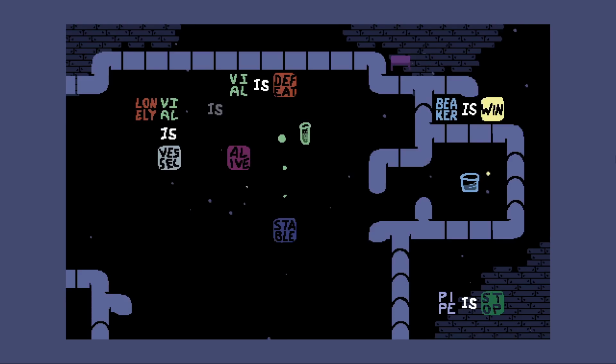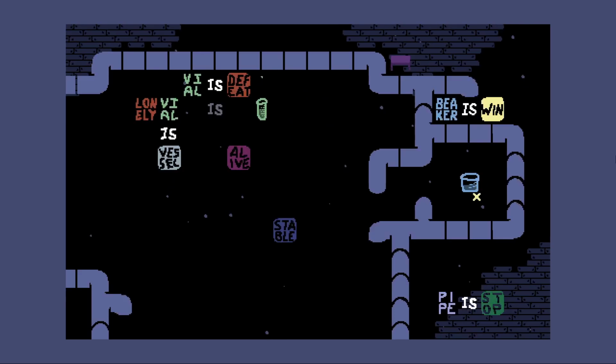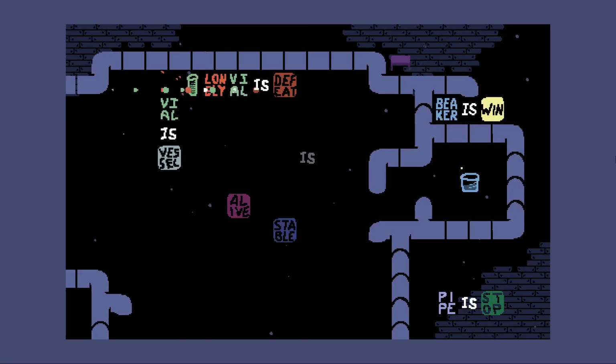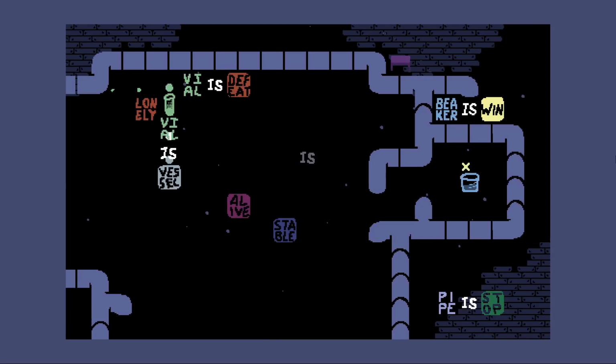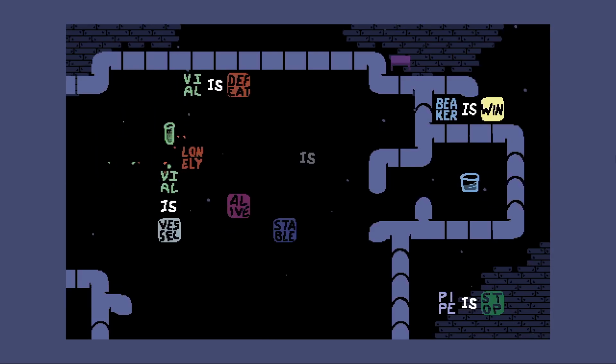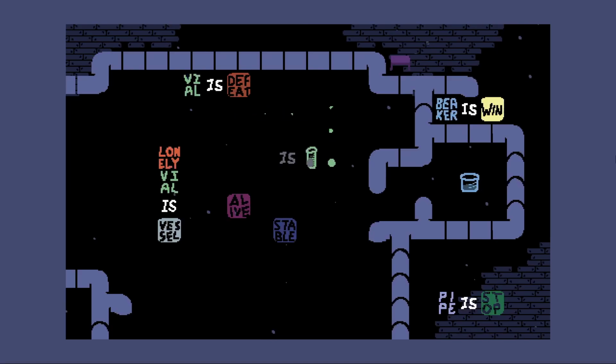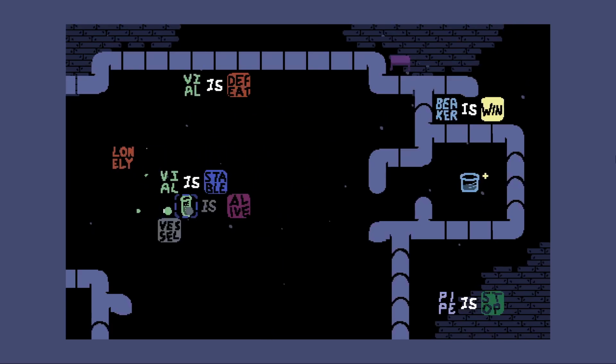What I want is I want lonely vial to be defeat first. No, I don't. Do I want lonely vial to be vessel first? So let's make lonely vial as vessel, and then we make vial as stable. Now I can remove this and I will be able to move because I'm vessel.